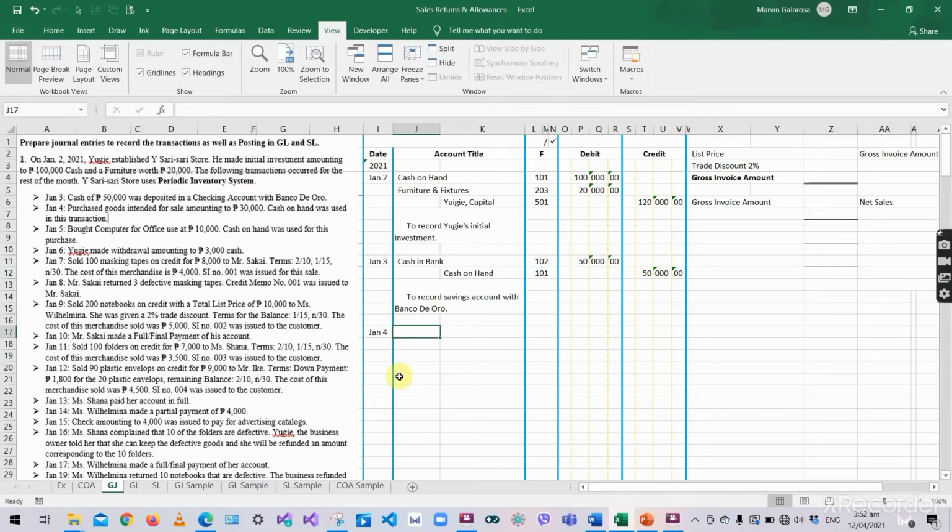So, mag-i-increase yung purchases account, debit, purchases, 30,000. Credit, cash on hand daw ang ginamit. Credit, cash on hand, 30,000.